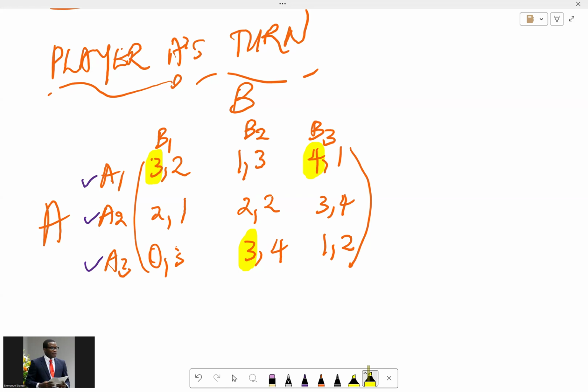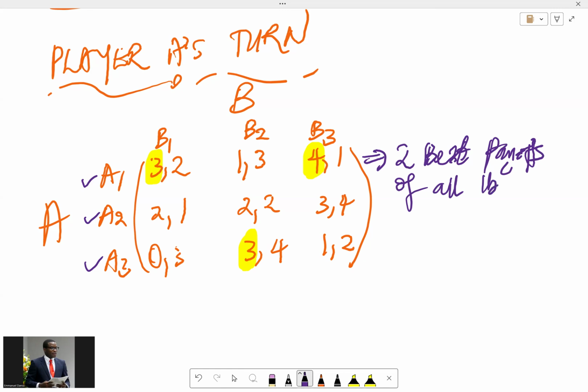So we see that if you compare strategies A1, A2, A3, strategy A1 has two best payoffs of all three strategies for player A.